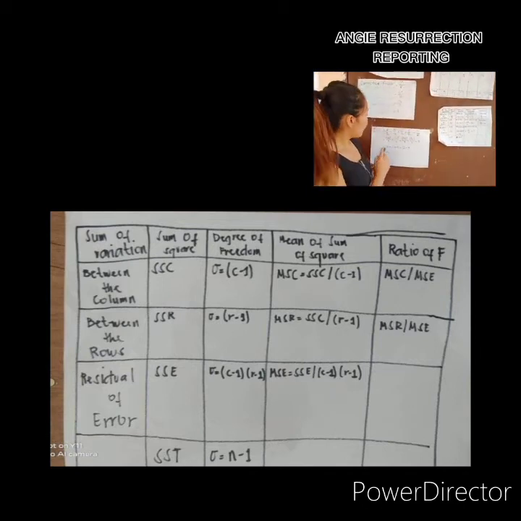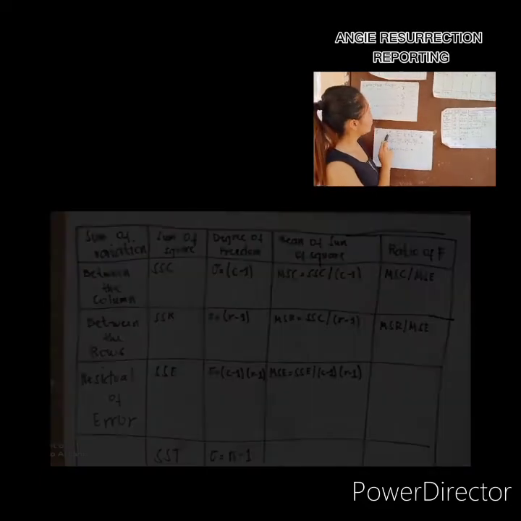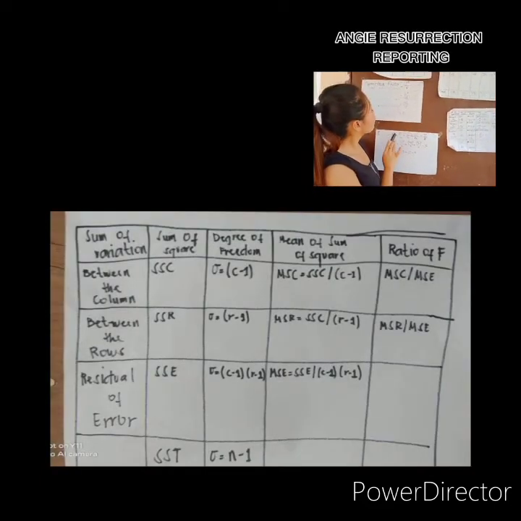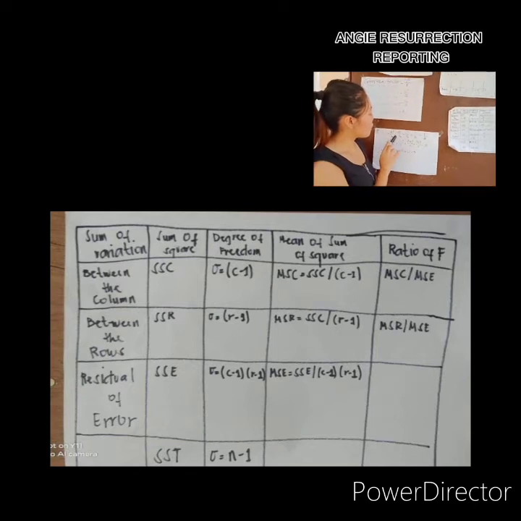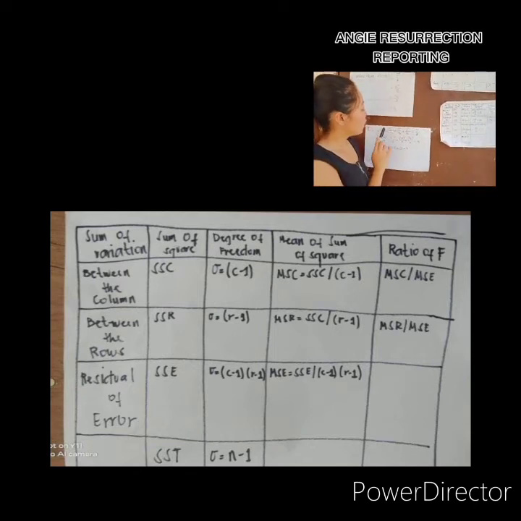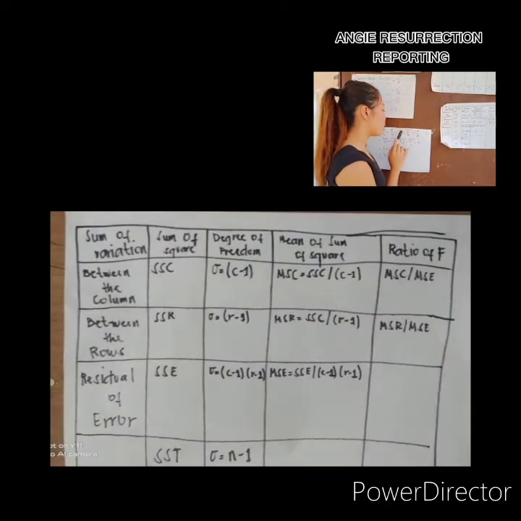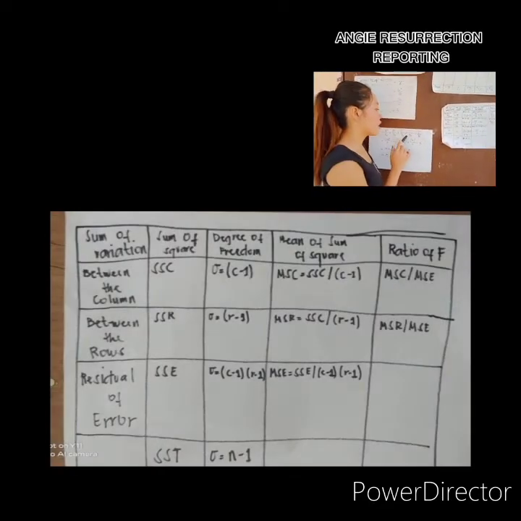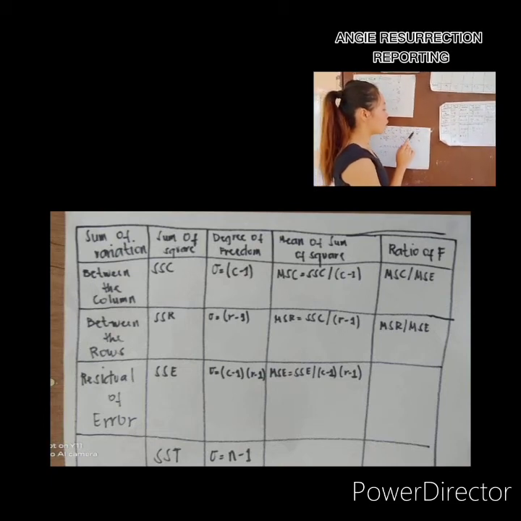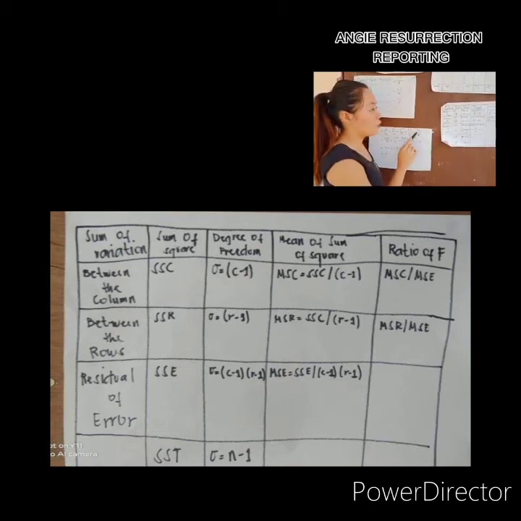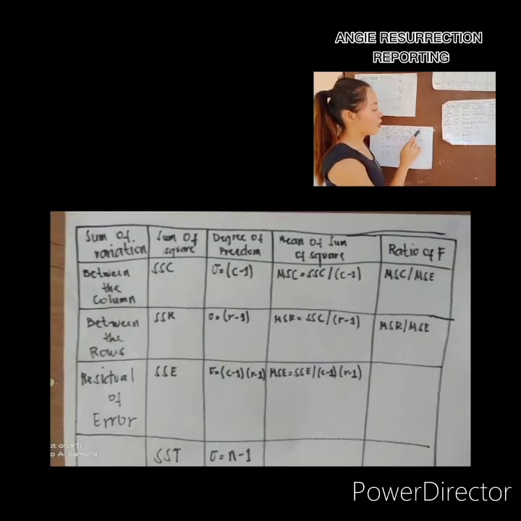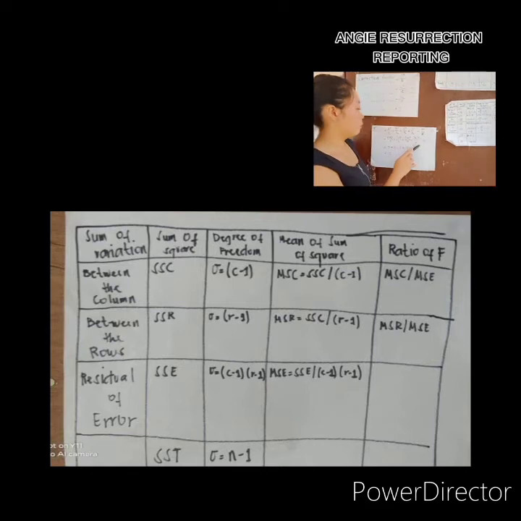So SSC is equal to A squared over NA plus B squared over NB plus C squared over NC plus D squared over ND, minus the correction factor, which is T squared over N.